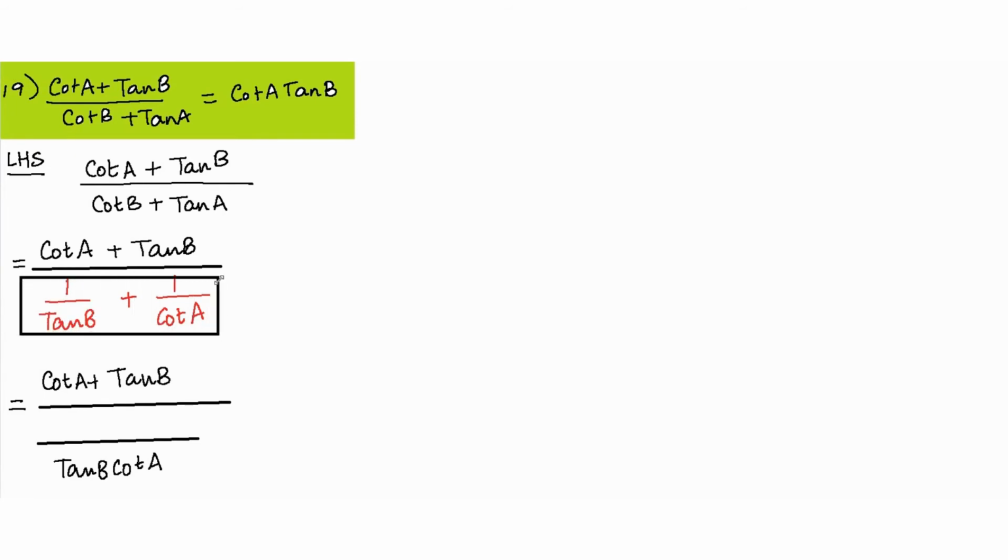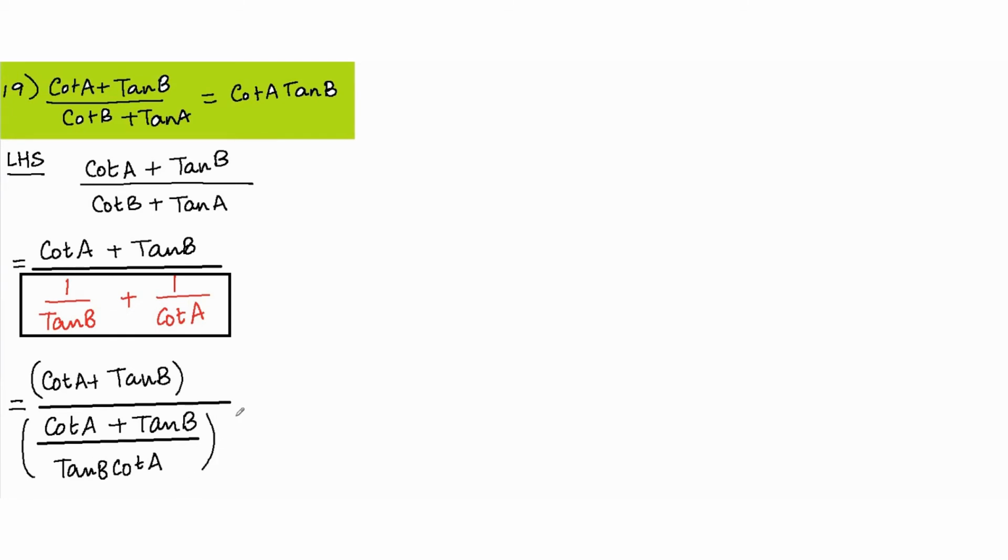So pay all your attention towards the denominator. The denominator's LCM is tan B cot A, and the numerator of the denominator will be cot A plus tan B. So now what I have is a division of two fractions.